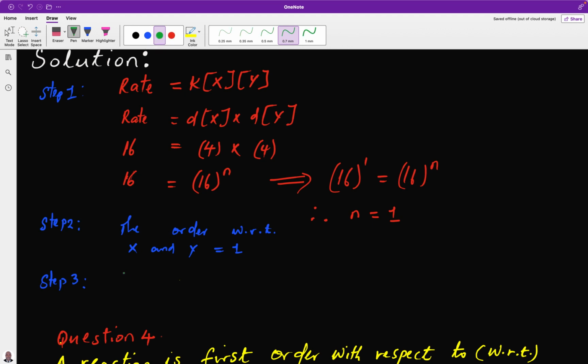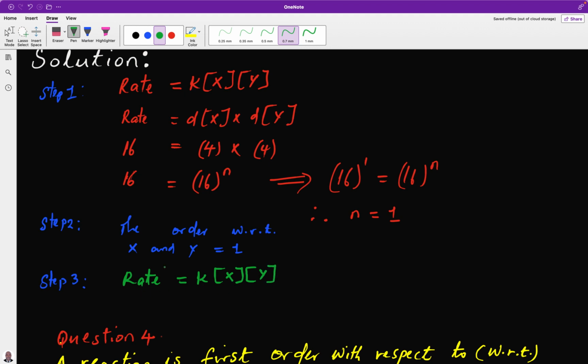According to the rate law, the rate will be equal to the rate constant, times the concentration of X raised to the power 1, which is the order of reaction and remains, times the concentration of Y raised to the power 1, which remains.